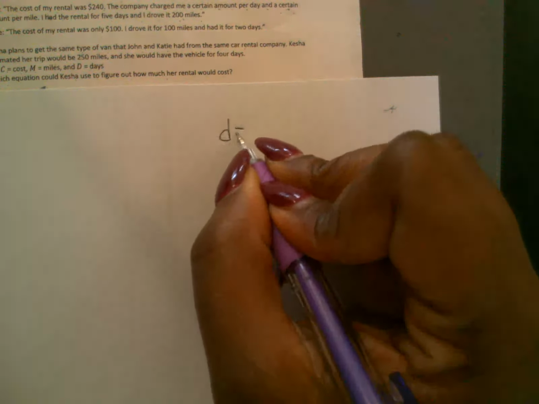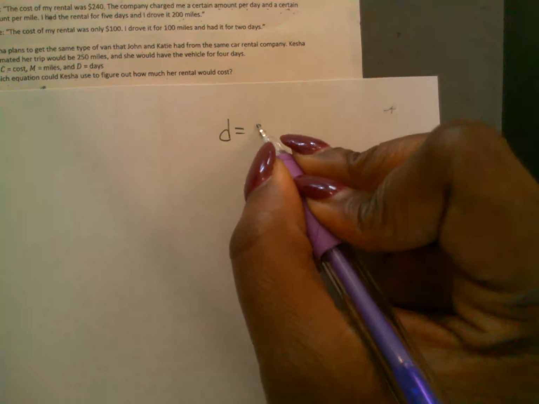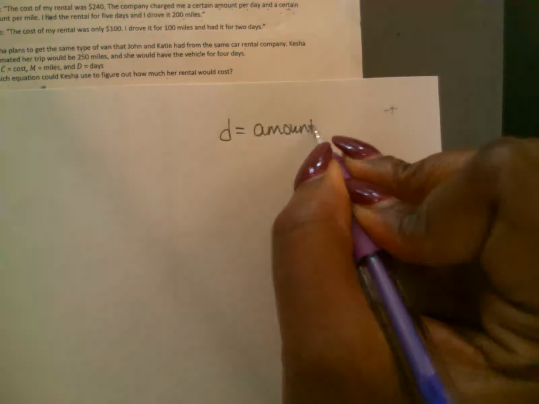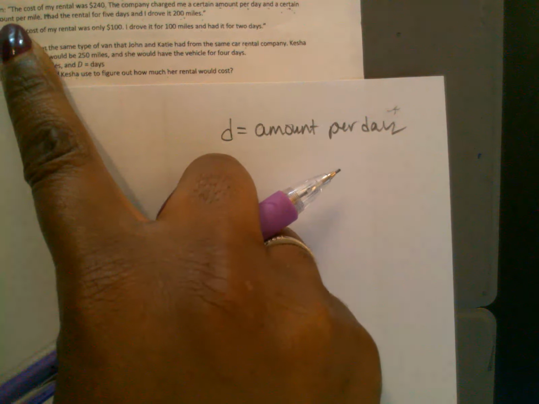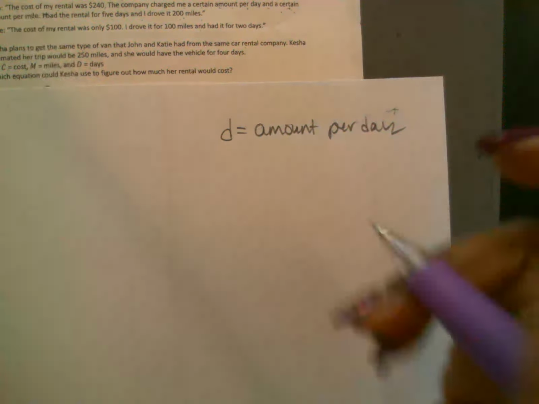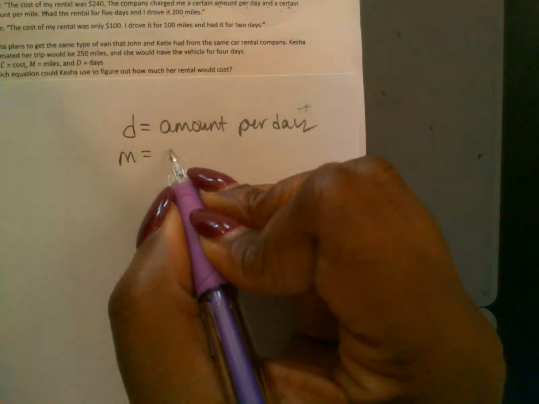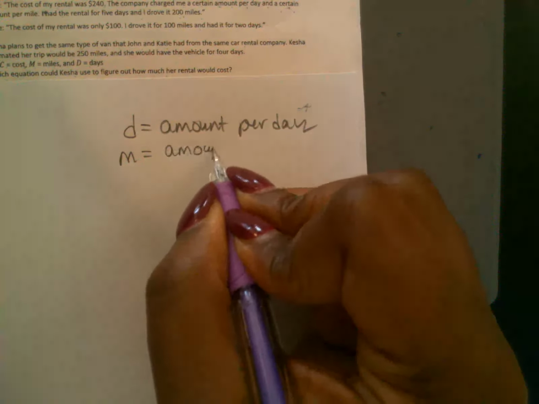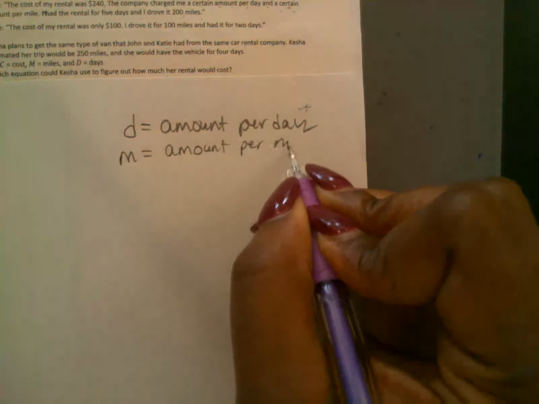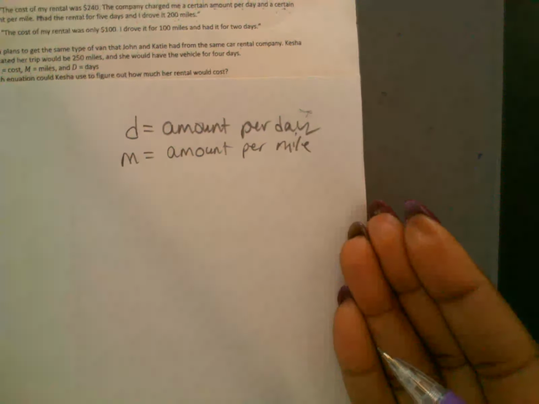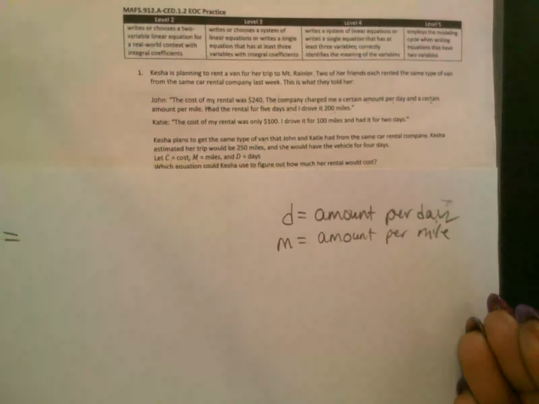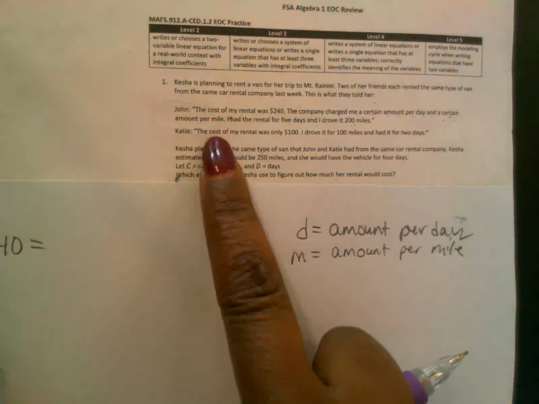D is going to equal the amount per day because he doesn't say. Then it says there's a certain amount per mile, so let's say M is going to equal that, because we don't know that either. The amount per mile is missing. So it's going to charge a certain amount every day and a certain amount for every mile.